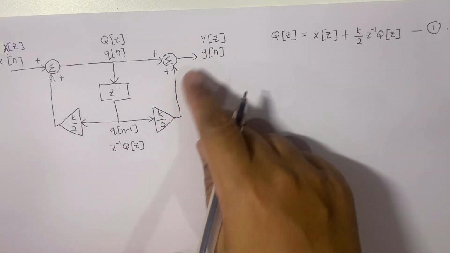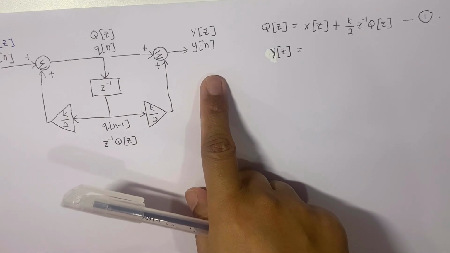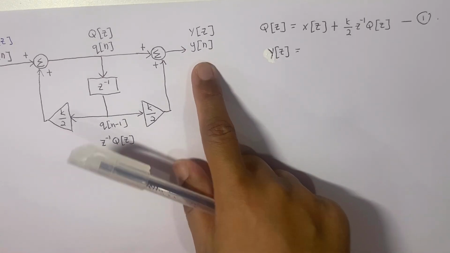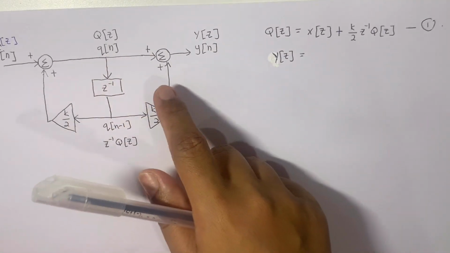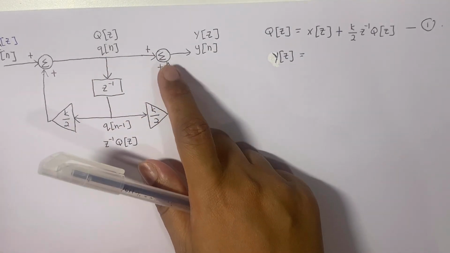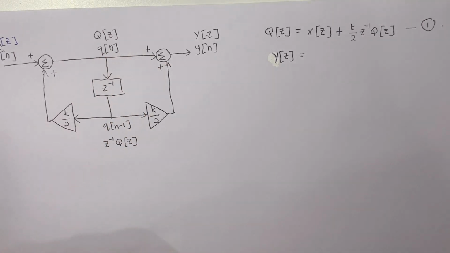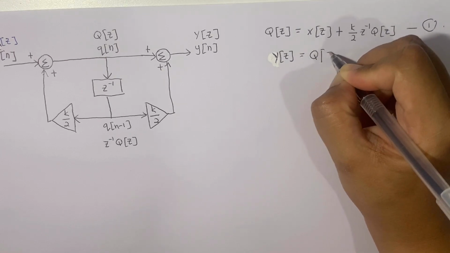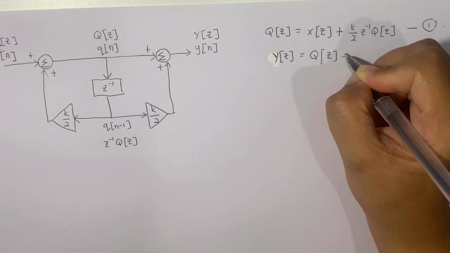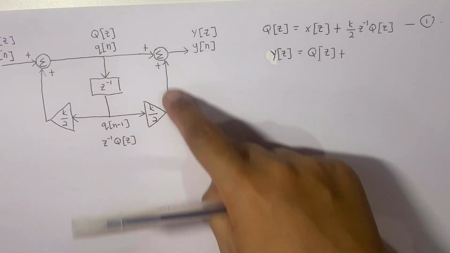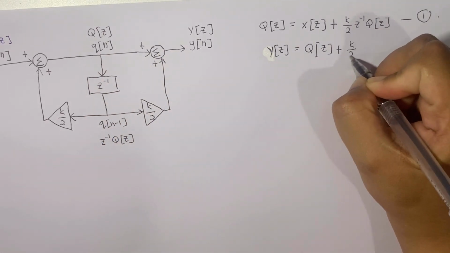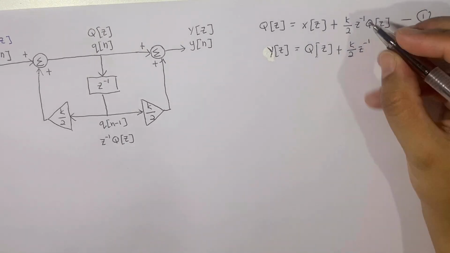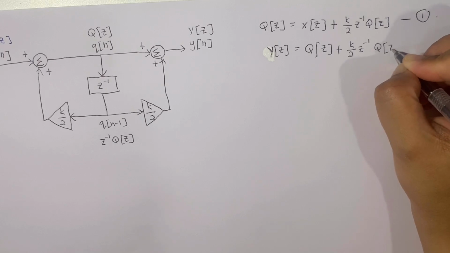What about the second equation? The second part is you need to find Y(z). Y(z) is equal to this Q(z) plus this part, k over 2 z to the power of negative 1 Q(z).